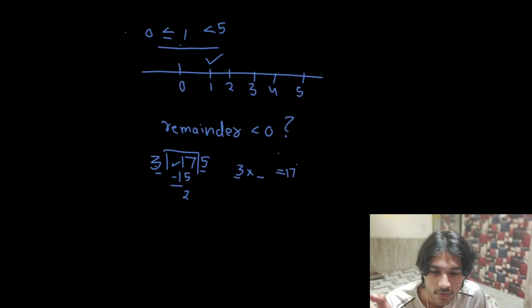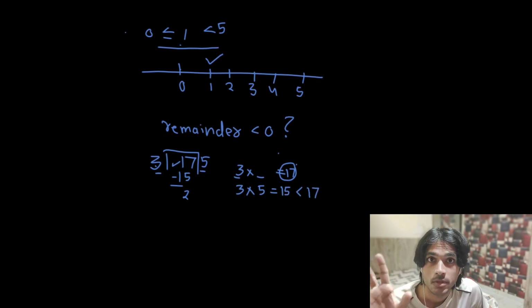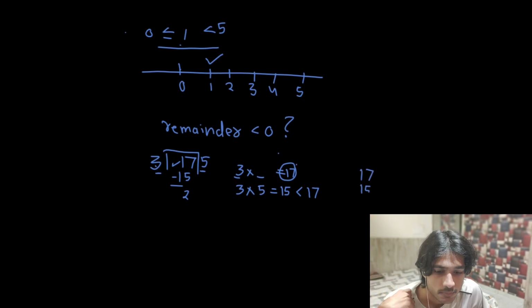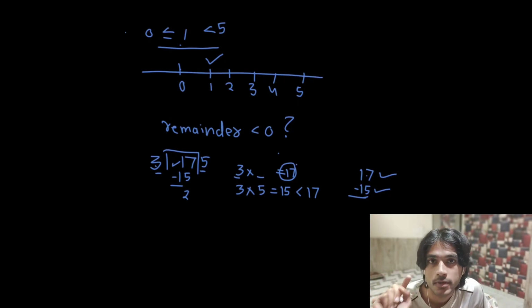And if 17 doesn't occur in the table of 3, then I make sure that I get something that is strictly less than 17. That means when I subtract the two numbers, in this case 17 and 15, this number will be a natural number, this is again a natural number, and this is strictly less than this, right? So if this number is bigger or greater, and this is smaller, then when I subtract both of them, what am I going to get? Obviously a positive natural number, right?